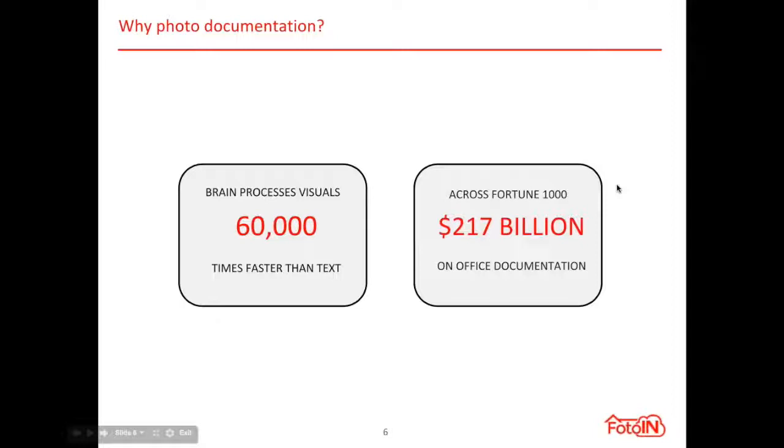PricewaterhouseCoopers estimated that the average organization spends about $20 in labor just to file each paper document, and then about 120 in labor to search for the misfiled document, and $220 per document in recreation. So really, again, staggering numbers.